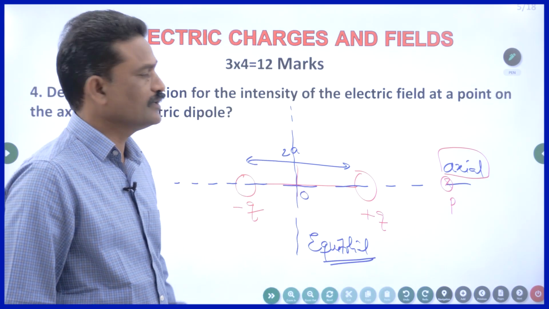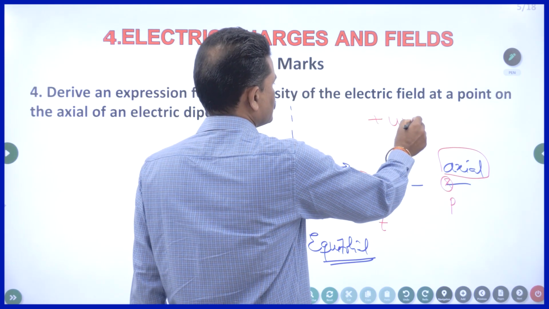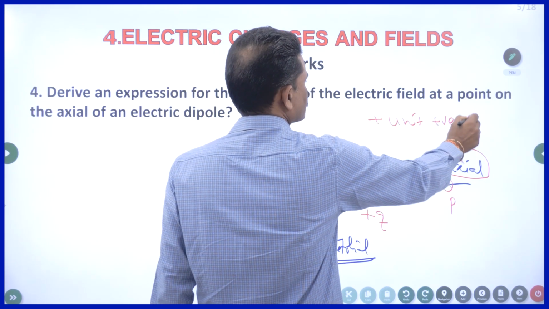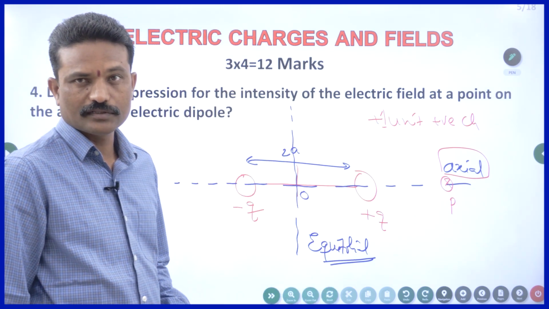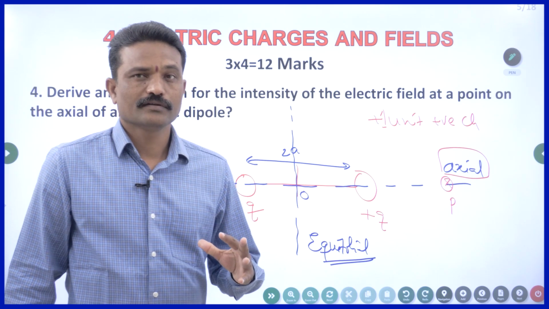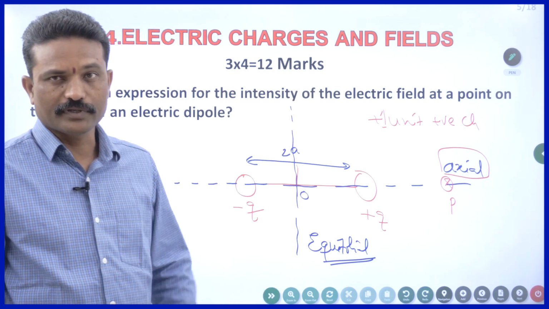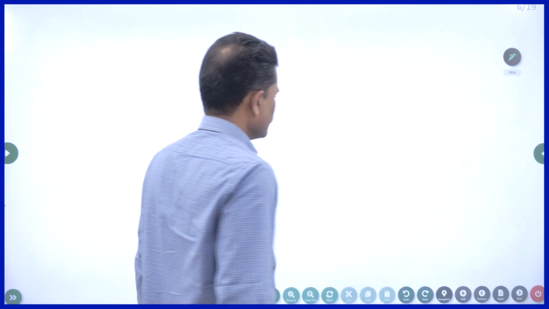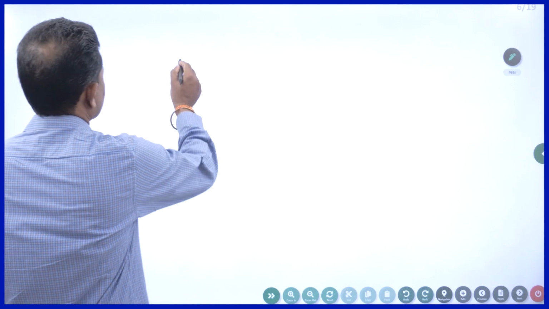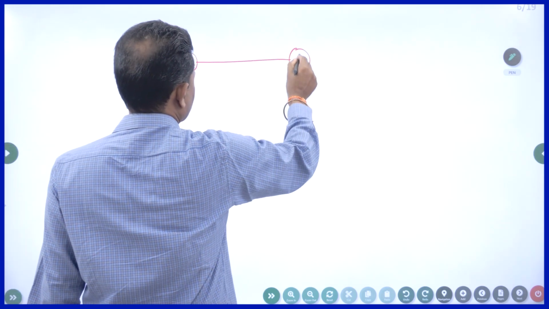In order to find the intensity of electric field, you have to place a unit positive charge. Wherever you want to determine the intensity of electric field, at that point you have to put a unit positive charge. So you will be deriving the expression. Draw an electric dipole.